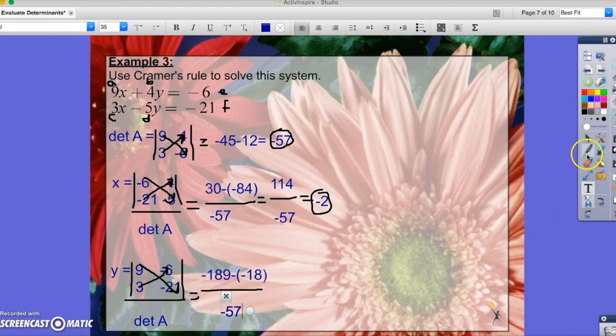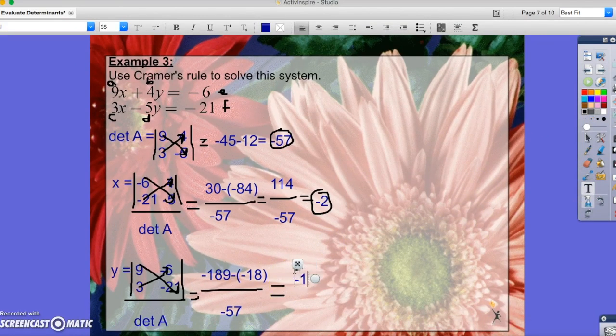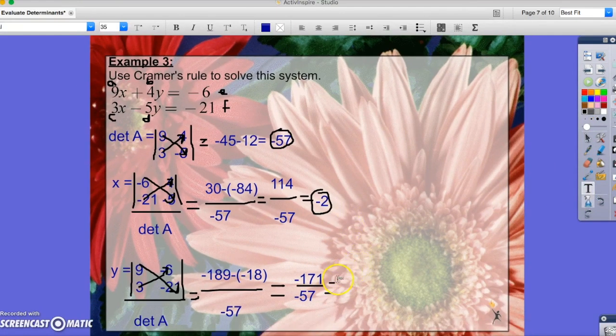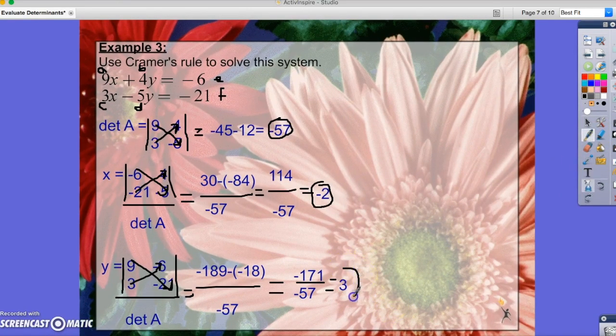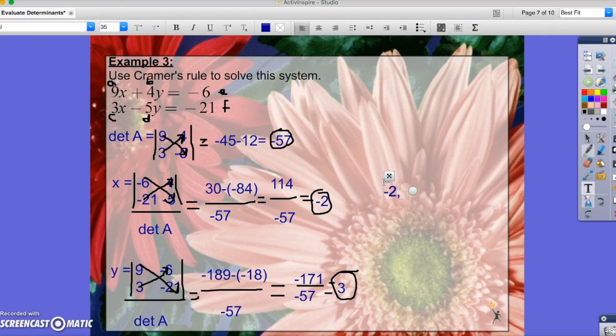Then we simplify. I get negative 171 over negative 57, which equals 3. So my answer, I'm going to write as an ordered pair: negative 2, comma 3.